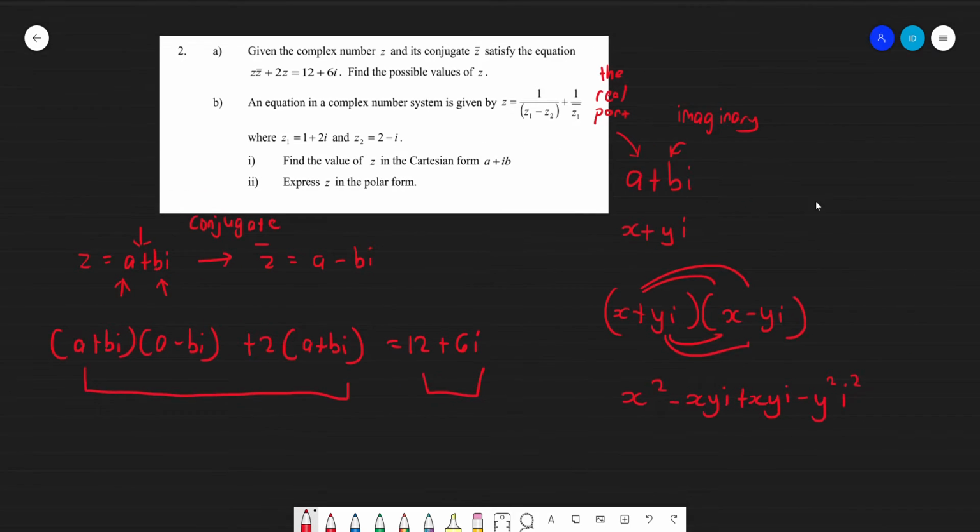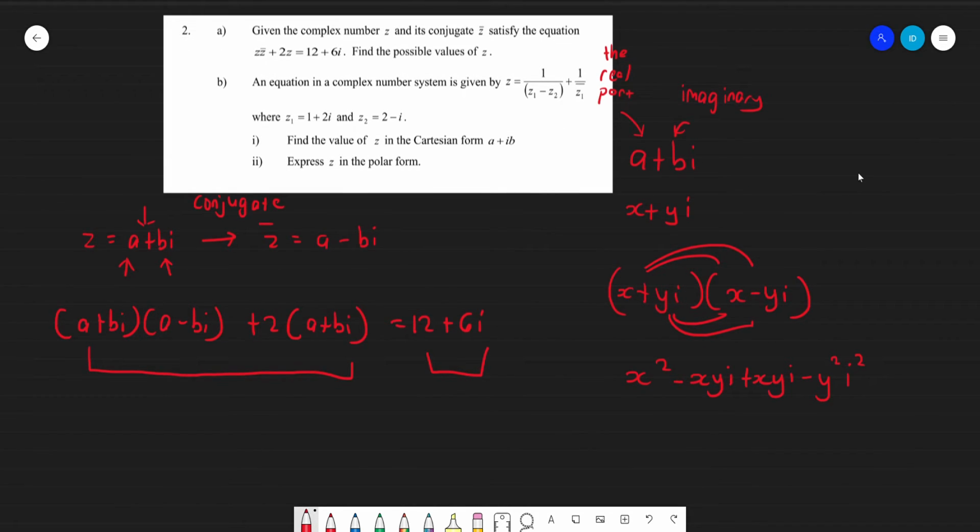So if you recall, i is equal to the square root of negative 1. So what happens if we square i? We will get negative 1, since the power of half, which is 1 over 2, we will be simplifying it if we square both sides. So that's how we get negative 1.